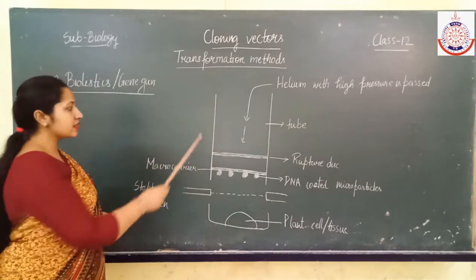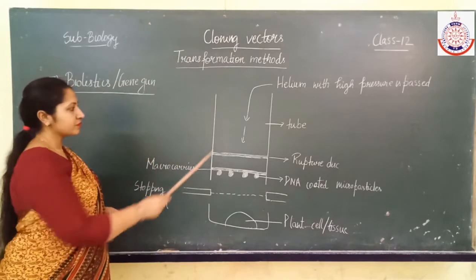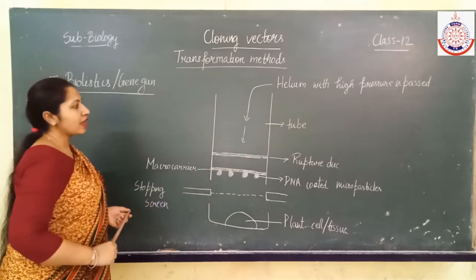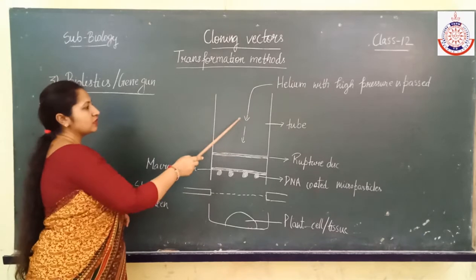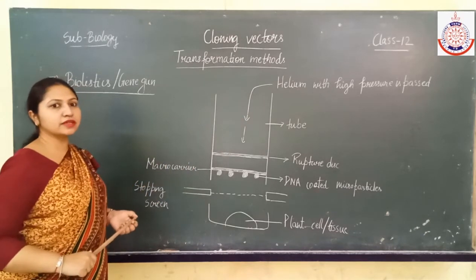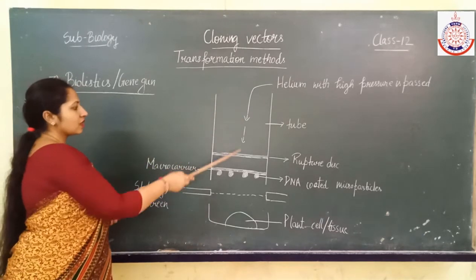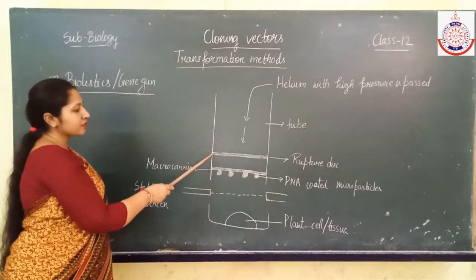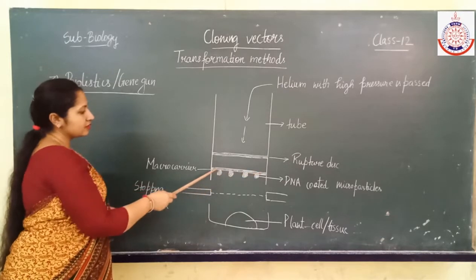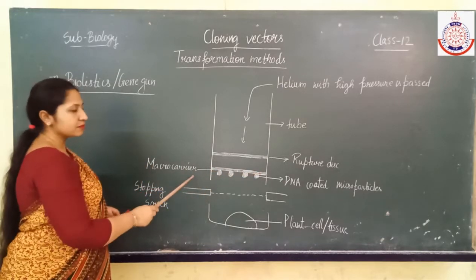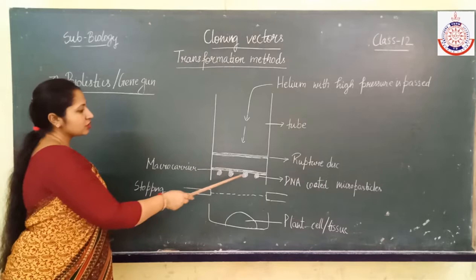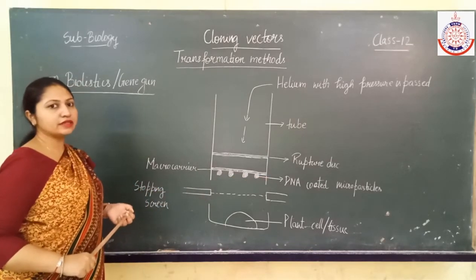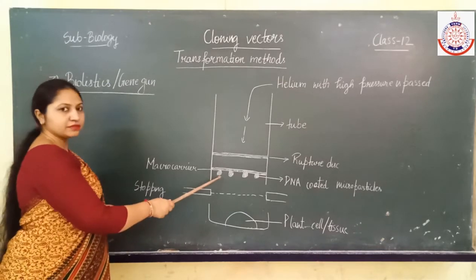Here this diagram shows one tube. This is the acceleration tube, and from one end of this tube helium is passed with high pressure. Here you can see the ruptured disc, and next is a macrocarrier to which DNA-coated microparticles of gold and tungsten are attached.